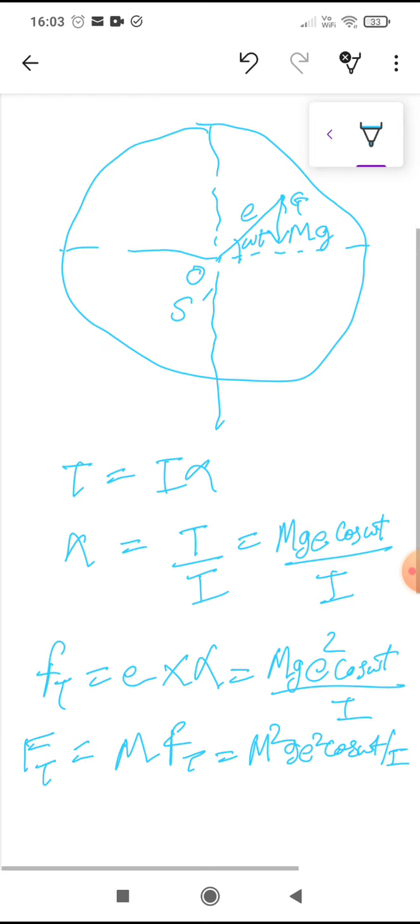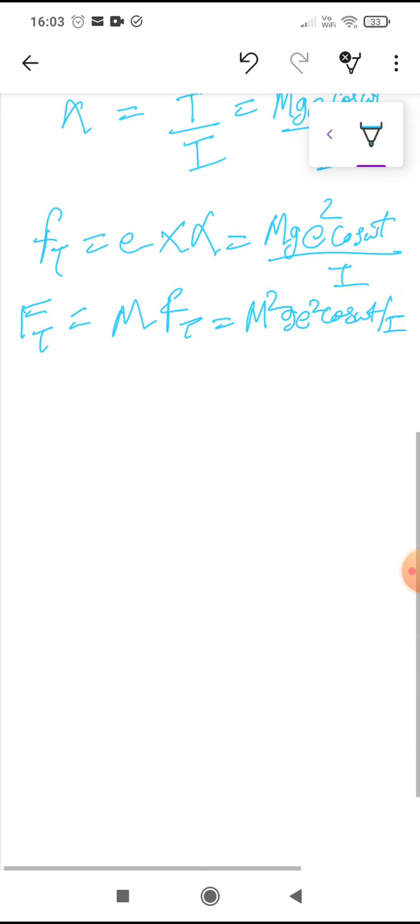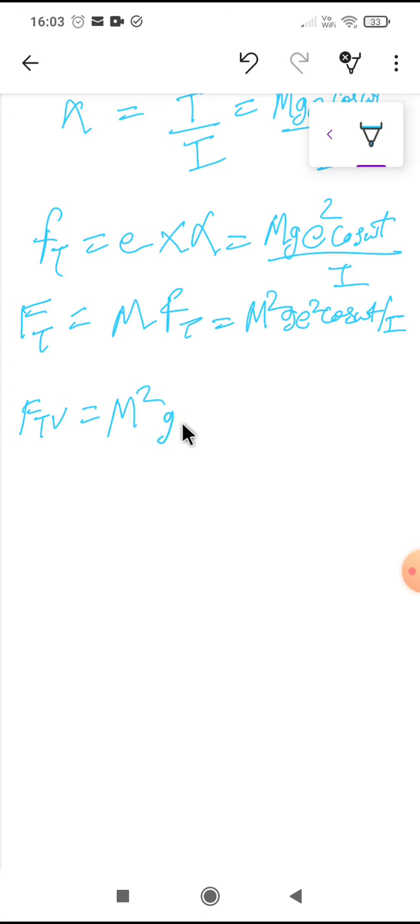Now the vertical component of this tangential force, Ftv, will be this force times cos omega t. So m squared g e squared cos omega t divided by I, into cos omega t, will be cos squared omega t.